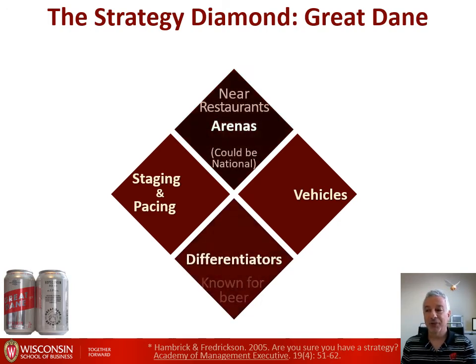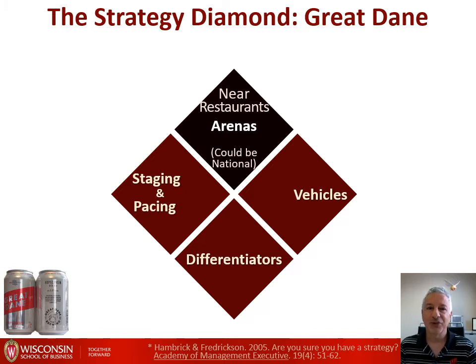Now, when we look at the arenas, it's not just that they're entering retail beer. It's that they're entering retail beer and trying to leverage the existing reputation that they have. That is a key resource and capability that they're trying to leverage. And that resource is most valuable near the restaurants. So as we look at the arena that they would want to go into, it's going to be in and around their restaurants, at least initially in terms of where their market is.